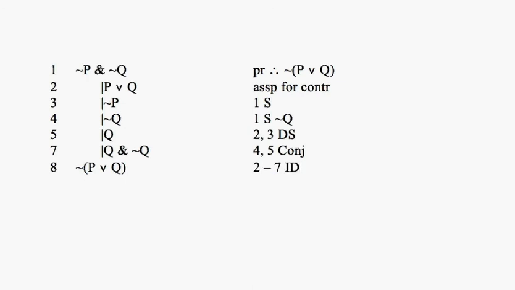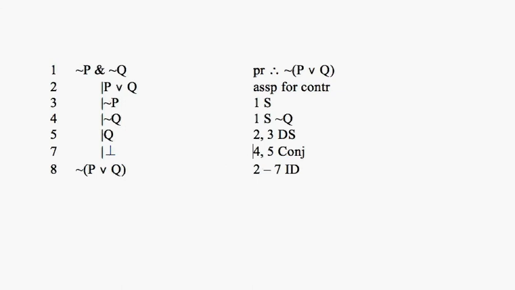Now, just as a sort of shorthand, it can get really tiresome to write these contradictions out explicitly. So instead of writing out the contradiction explicitly, we're going to use this symbol here, this perpendicularity sign. We just call it perp.